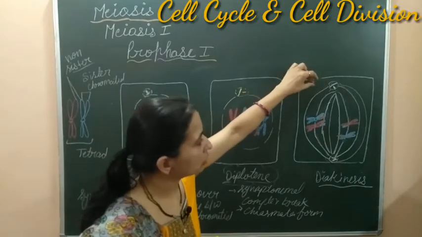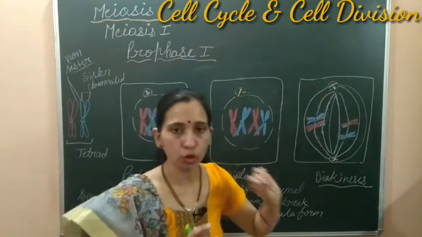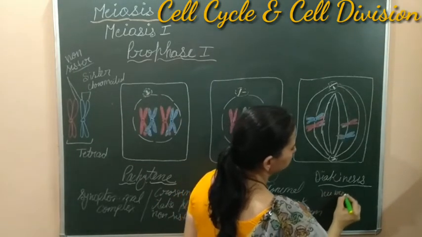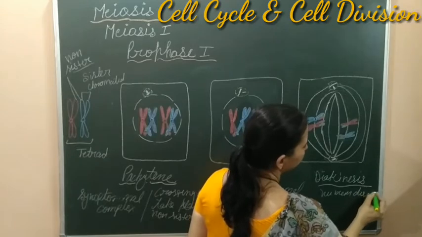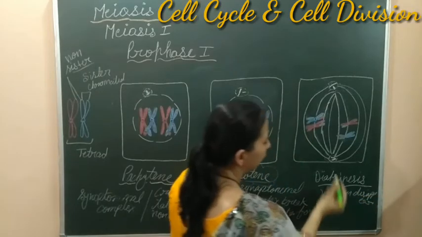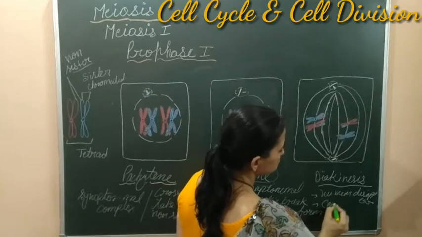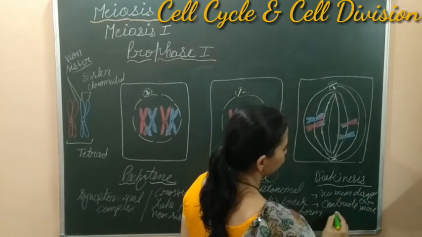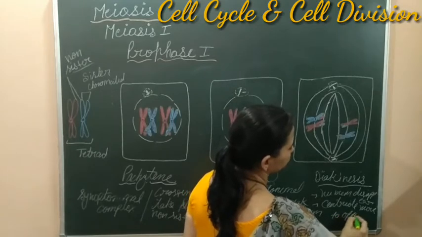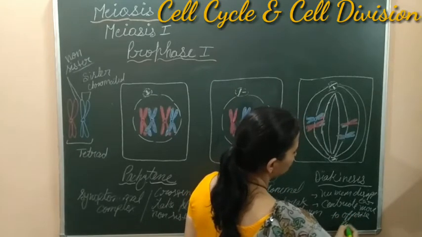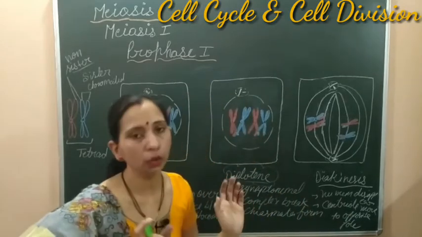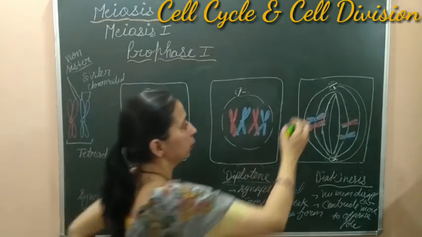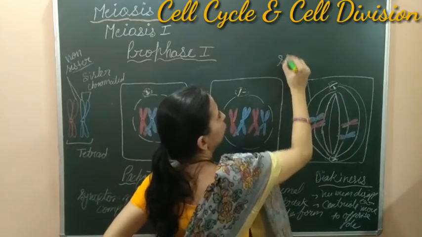So in this phase we can say that the centrioles reach towards the opposite pole. So here we can write that nuclear membrane disappear हो गई है, and the centrioles move up to the opposite pole, and they start forming spindle fibers. When centrioles move toward the opposite pole, they start forming spindle fibers. So here we can say that these are the spindle fibers.